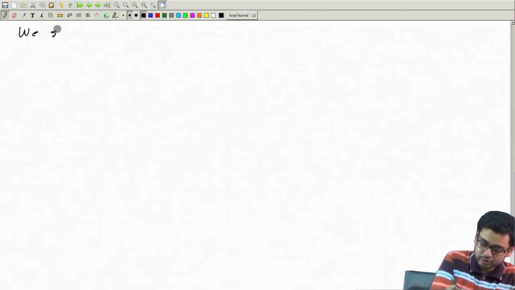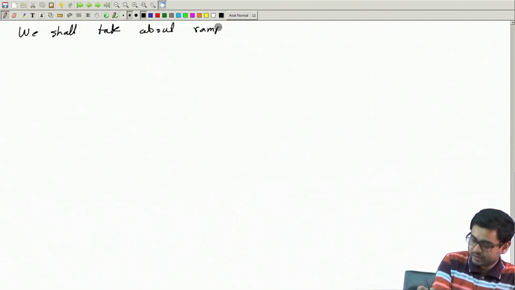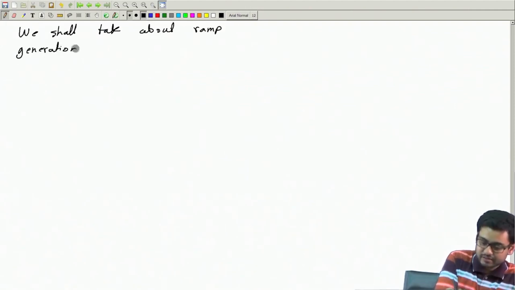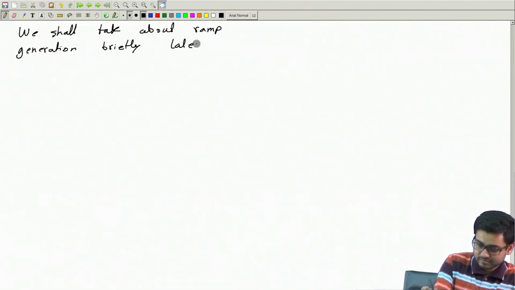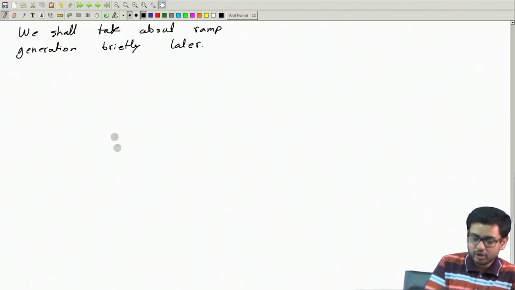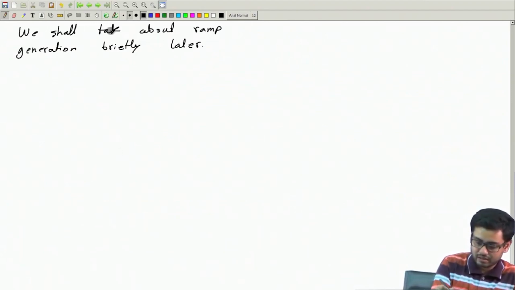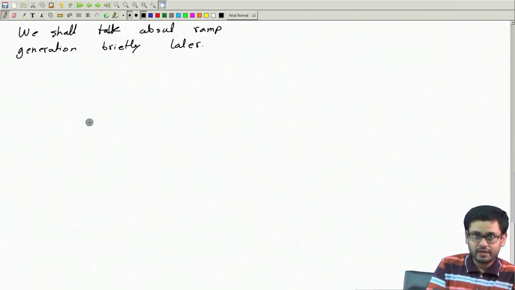We shall talk about ramp generation briefly later. Okay, because this ramp signal is very important.